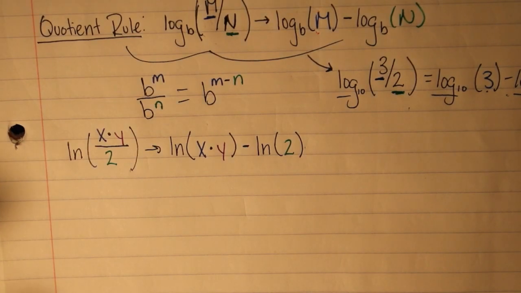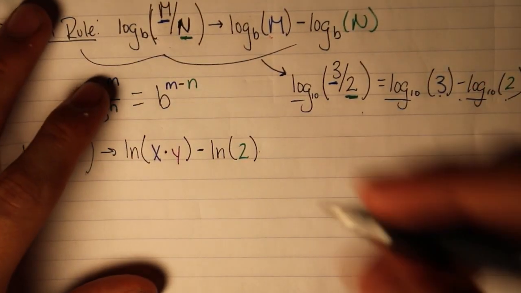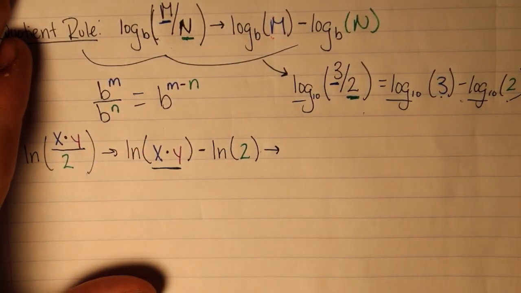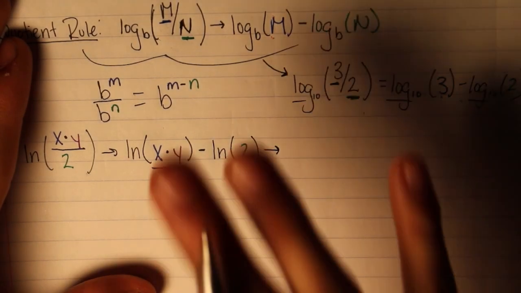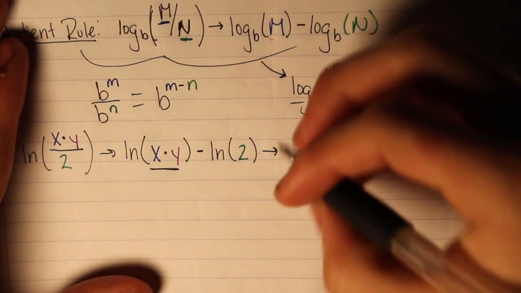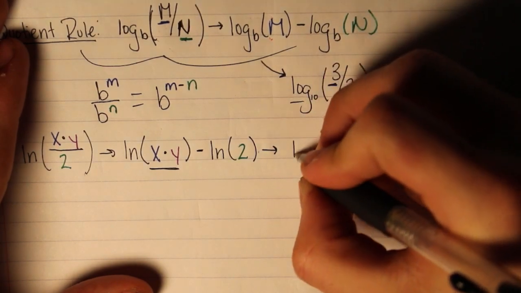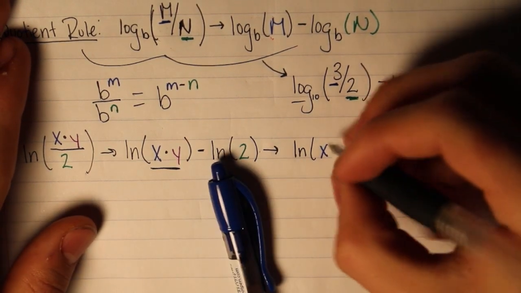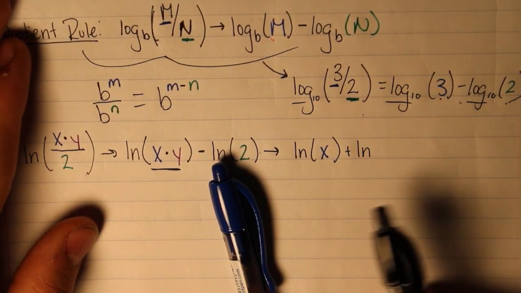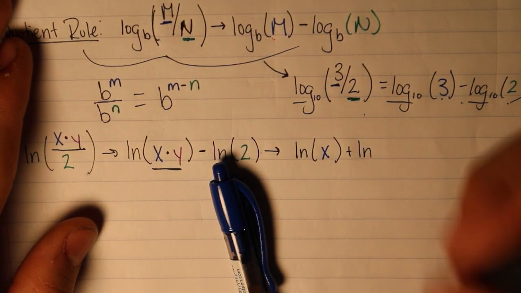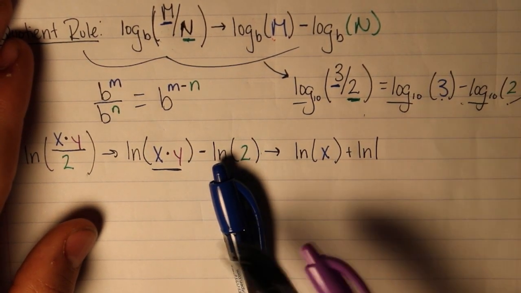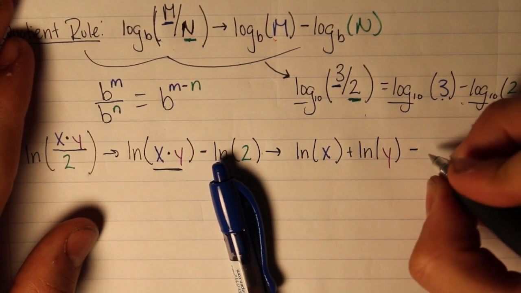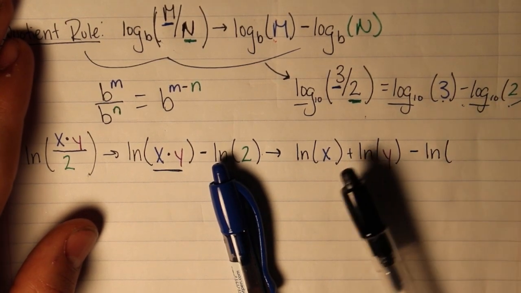Now we can break it up one more time, because we still have the product rule here. We have two things being multiplied in a log, so we can expand that a little bit further. Our product rule states we're going to have ln of x plus ln of y minus ln of 2.